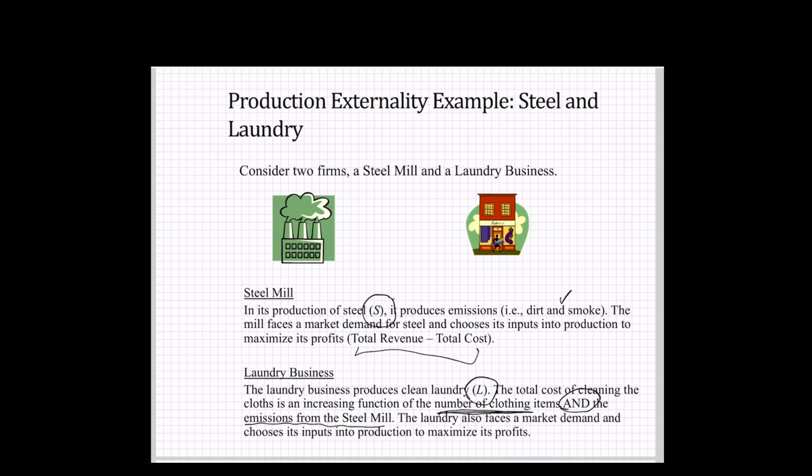This is the external part. This is the unaccounted for cost due to the pollution. The laundry firm also operates in a market with other laundry firms, and it's choosing its inputs into production to maximize its own profits.